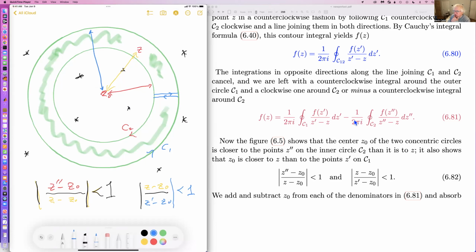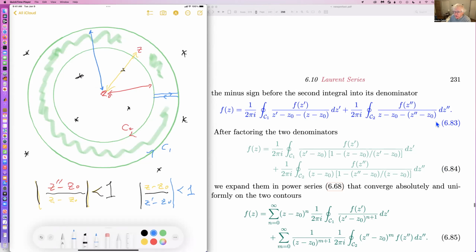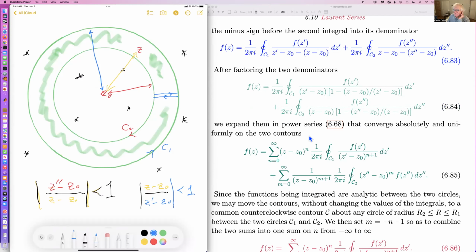And then what we can do is something very similar to what we did for the Taylor series. In other words, we add and subtract z0, we factor, and we turn both of them into Taylor series. The first Taylor series is z minus z0 over z prime minus z0.